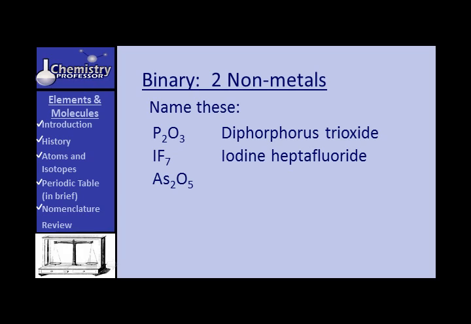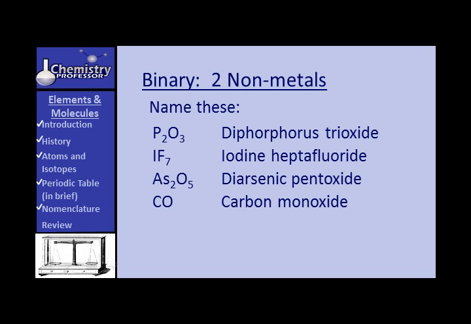What about this? Did you say diarsenic pentoxide? Well, you may learn a little different name for it at a later date. What about this one? Oh, yes, you're familiar with that. Carbon monoxide. And what about this one?